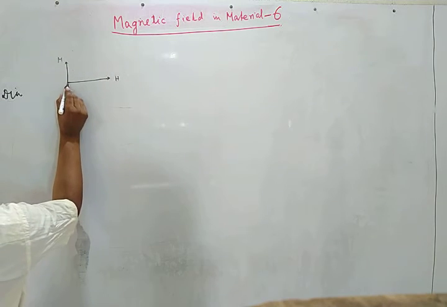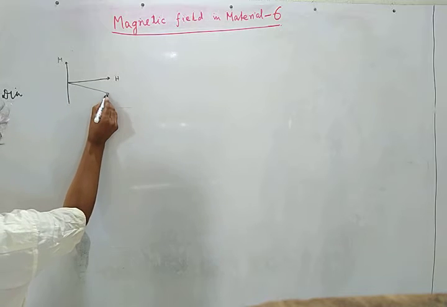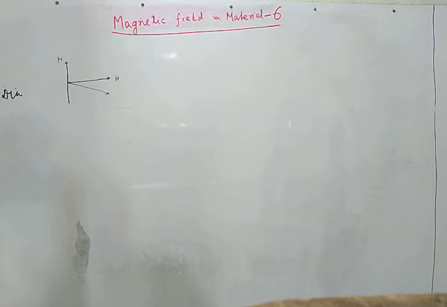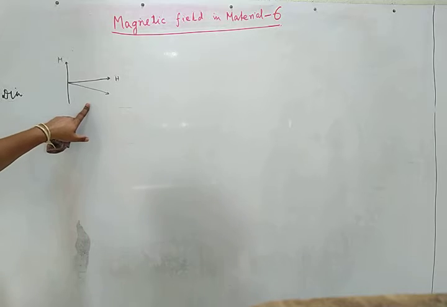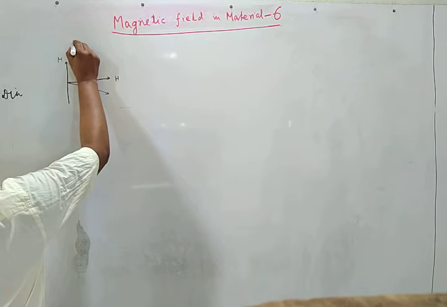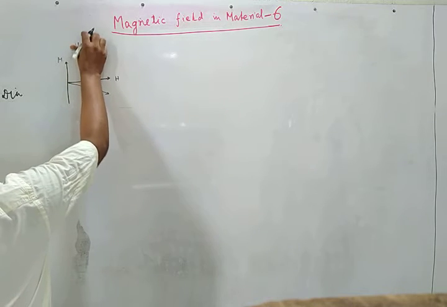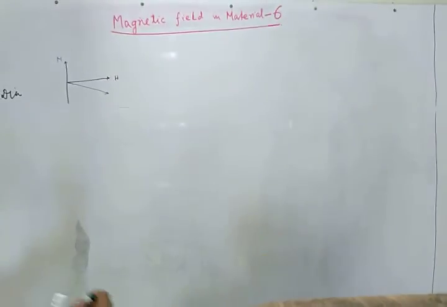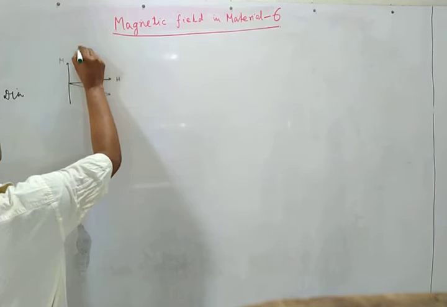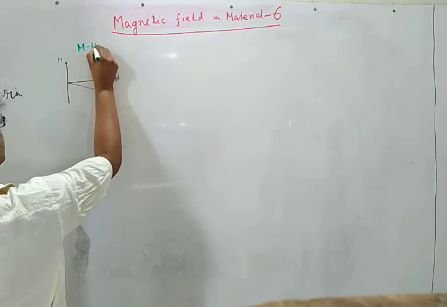It is found that for diamagnetic material, the magnetization is in opposition to the external applied field. So this is the MH curve.